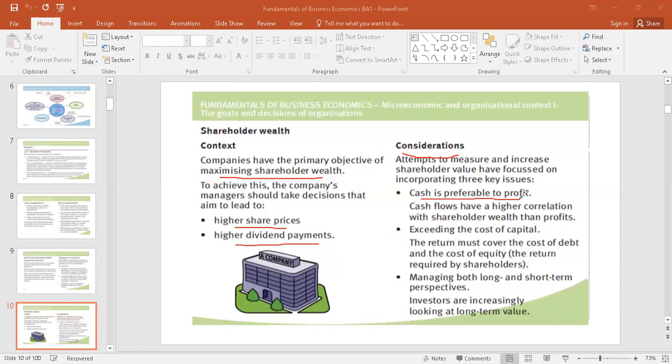Then we see cash flows have a higher correlation with shareholder wealth than profits. Cash flows and shareholders' wealth have a correlation. The reason I have explained just now: if they are paid a return now, if their dividends are distributed in the current period, immediately they would be satisfied. Even if they are not distributed now, it ultimately belongs to them. There is no doubt about it.